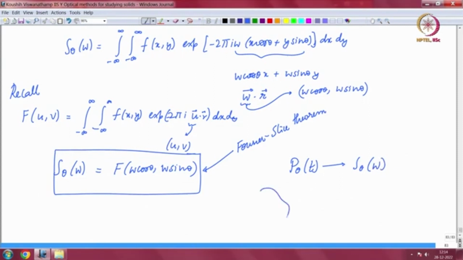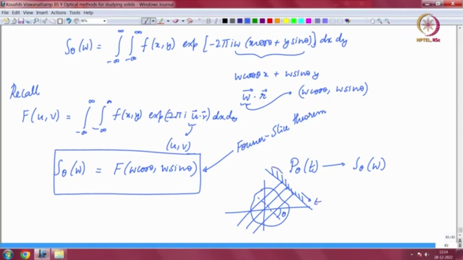So, you have your object, this is your xy direction, and then you have a projection taken at some angle. Of course, the angle is with respect to the normal, but whatever, it does not matter, we will ignore that for now. This is just theta, parameterizing the projection, and this is your t.